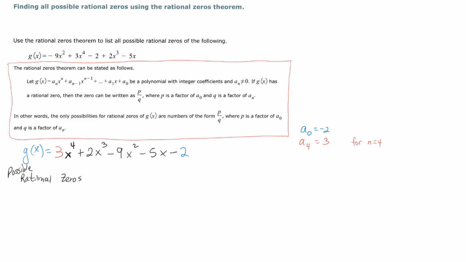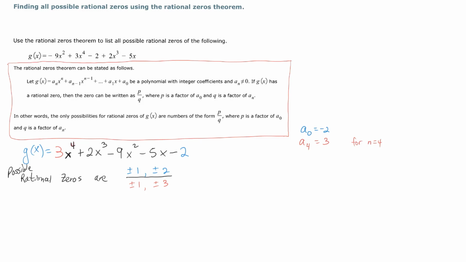Possible rational zeros are, well, we need plus or minus 1 first, plus or minus 2, over plus or minus 1 and plus or minus 3.